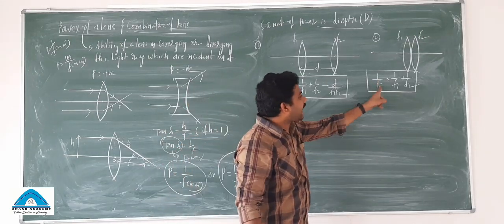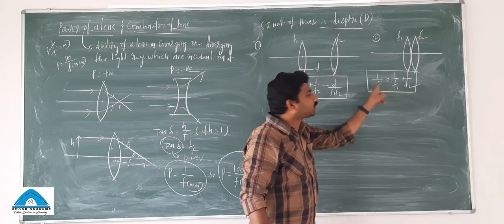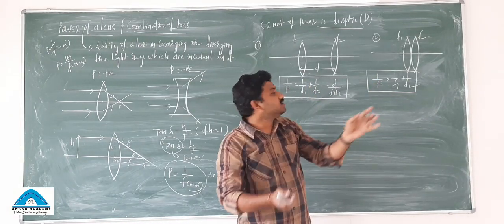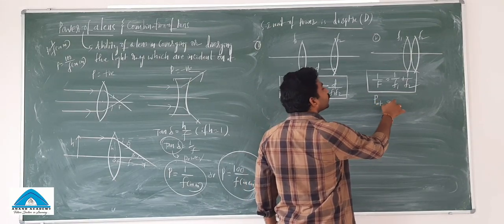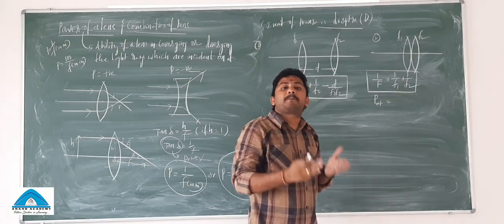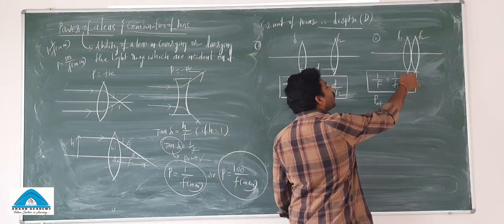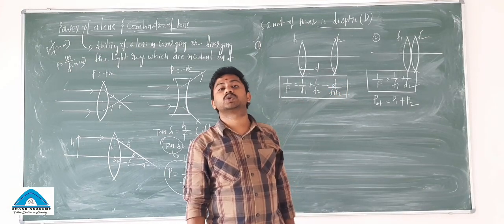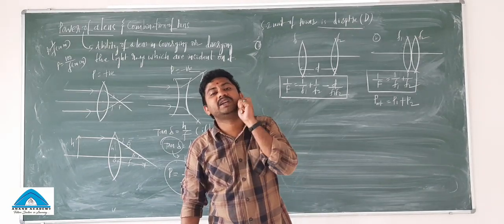So 1 by F means what? Net power of this combination. Power is equal to 1 by F, right? Here that F is the net focal length. So that means net power, which is P net, is equal to 1 by F1, the power of the first lens, P1, plus 1 by F2, the power of the second lens, P2, right? Power is 1 by F when the focal length is written in meters.